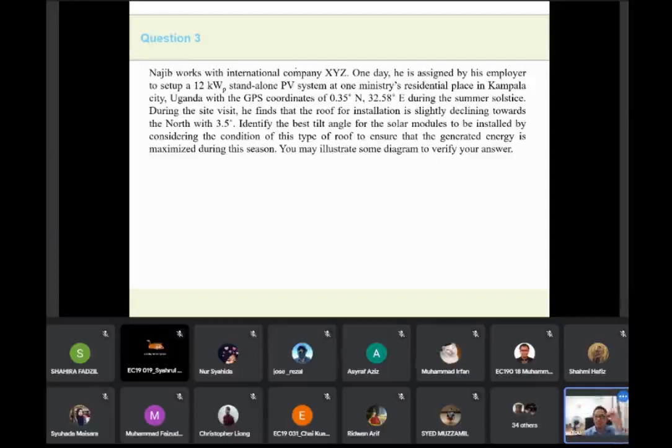The question asks you to identify the best tilt angle for the solar modules to be installed, considering the condition of this type of roof, to ensure that the generated energy is maximized during this season. Consider solar noon. We are focusing on this season, at this particular time. You may illustrate some diagram to verify your answer.